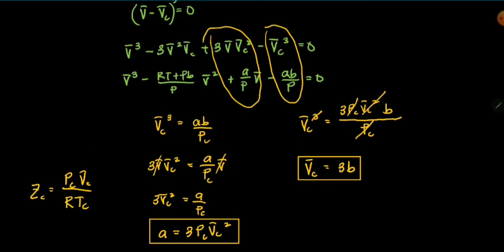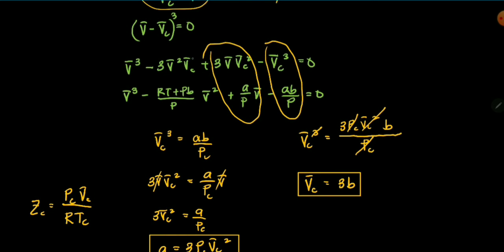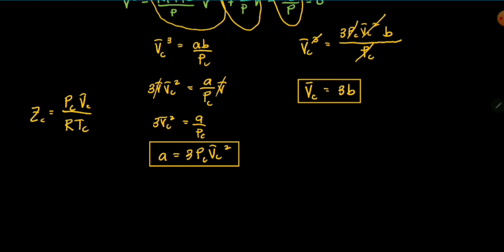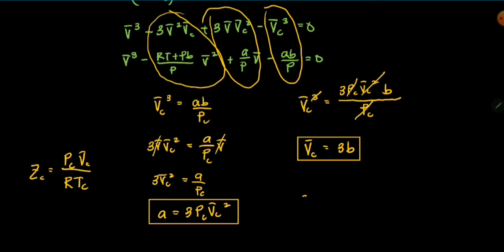Let's use the terms here. So, 3VC squared is equal to RT plus PCB over PC B squared.